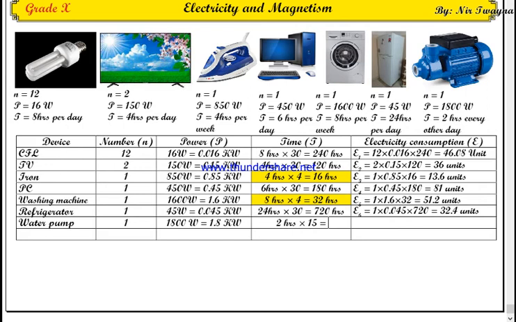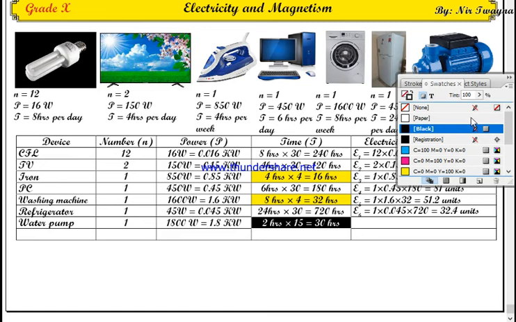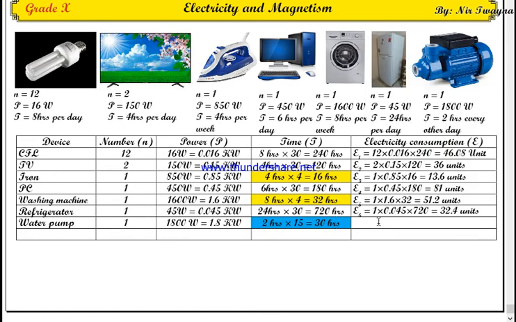Every other day means in a month it will be operated for 30 hours, isn't it? Now let's calculate its power consumption.